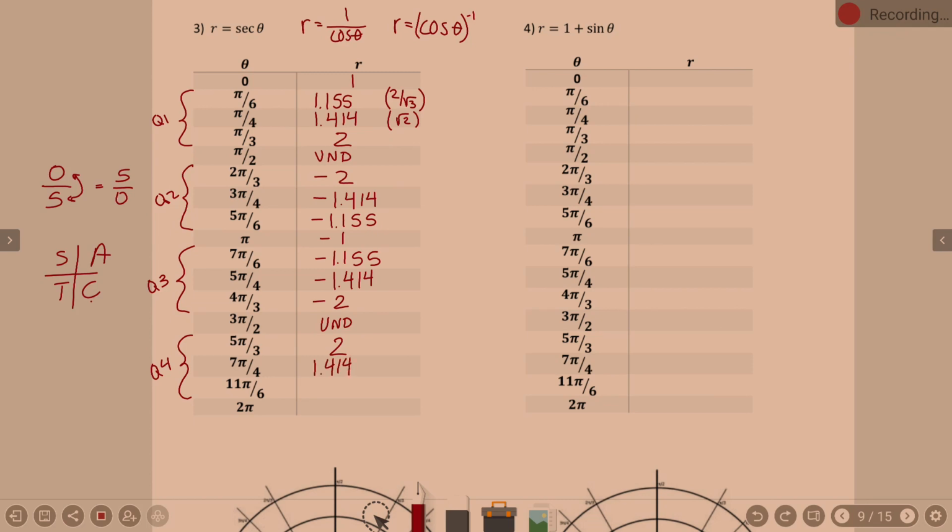And 11 pi over 6, 1.155. And 2 pi is 1. That's going to go back and be the same thing as 0. Okay. With that in mind, shall we graph it?